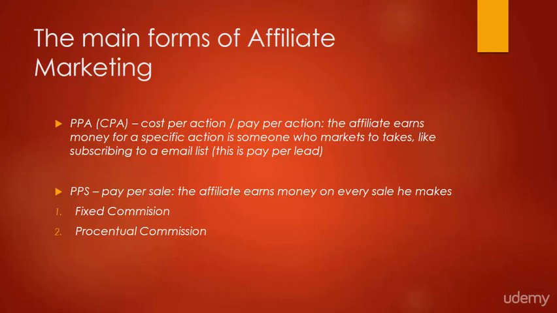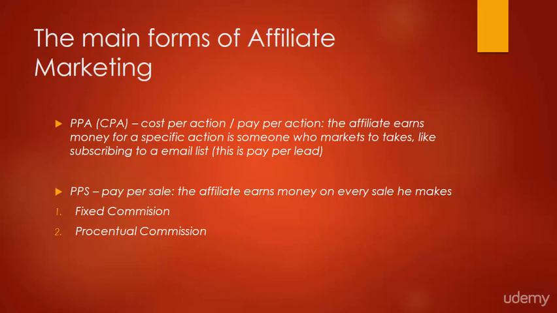First of all, we have PPA or CPA offers. That translates into pay per action or cost per action, depending on which point of view you are looking from, the vendor or the affiliate. In this type of affiliate offer, the affiliate earns money for a specific action.